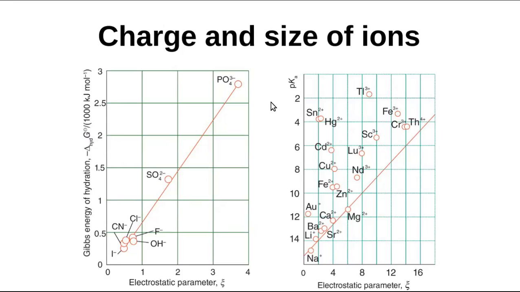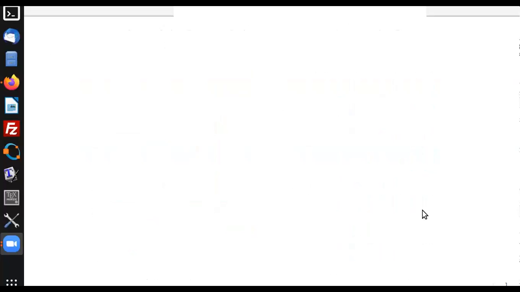Can I have the whiteboard. A metal ion, say aluminum 3+. It's easy to see that this is an acid because it's charged. So it's definitely a Lewis acid because it's an electron pair acceptor.